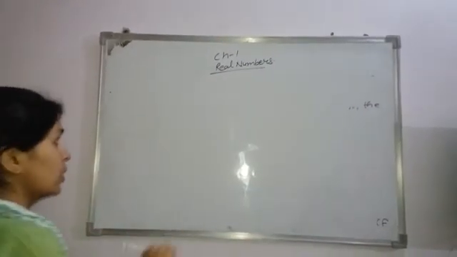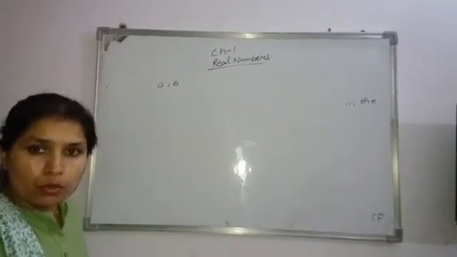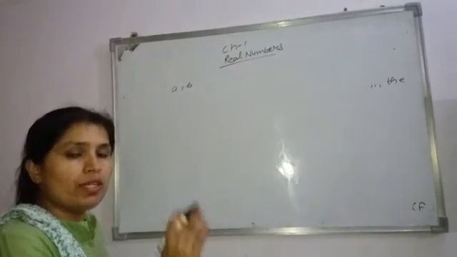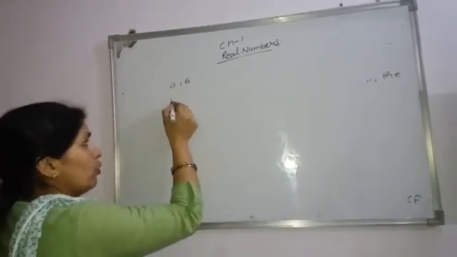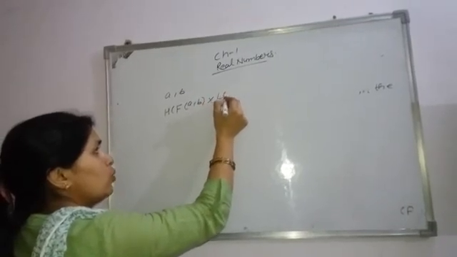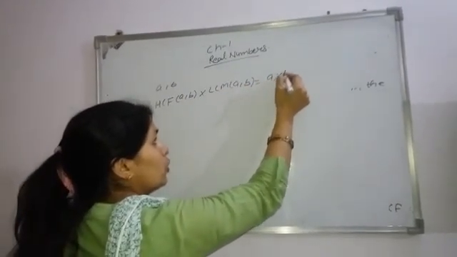In this case, if two numbers A and B are given to us, and we want to find out the relation between HCF and LCM, what is the relation? HCF of A and B into LCM of A and B is equal to the product of these numbers.